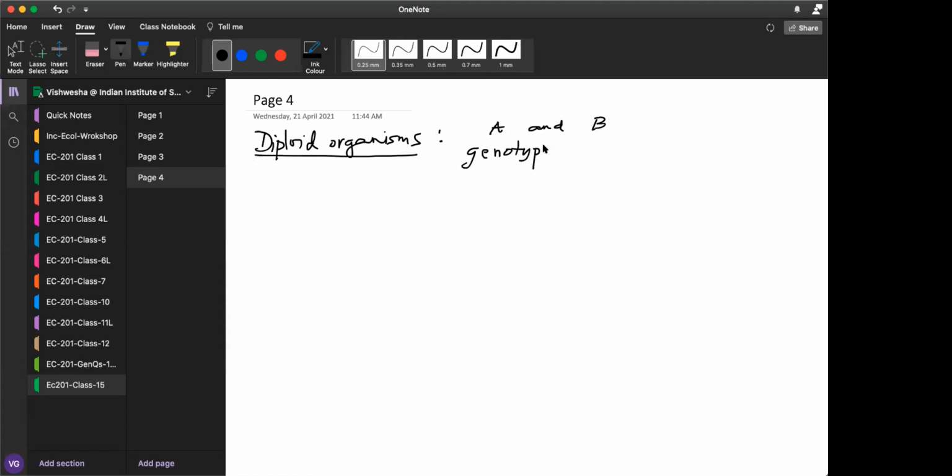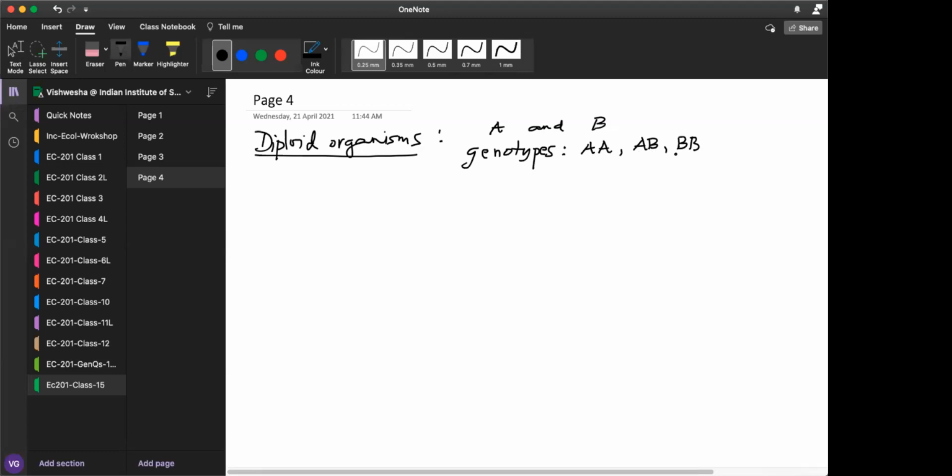Now these are the things I am assuming you must just know. If you don't know, you will have to revise this. There are 3 possible genotypes: AA, AB, BB. One of them comes from one parent, the other comes from the other parent. Basically, both the parents can contribute the same allele A, in which case the offspring will have AA.